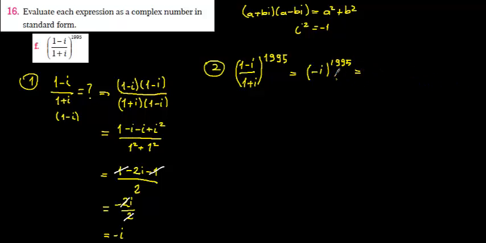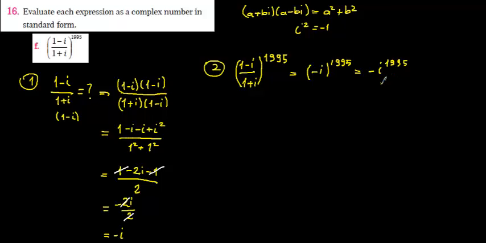The first part is about the minus sign: we multiply minus i 1995 times. Minus times minus, if you multiply like this, the result should again be minus, so it is minus times i to the power of 1995.